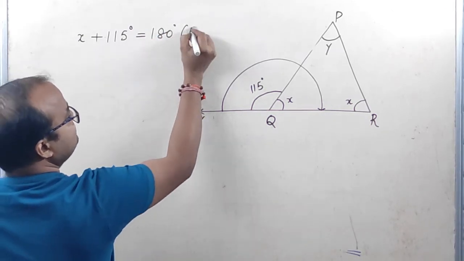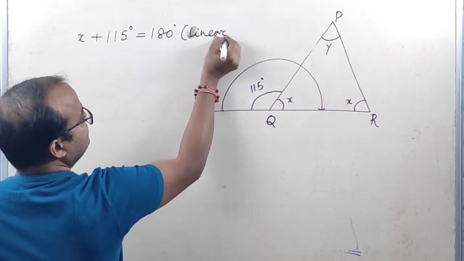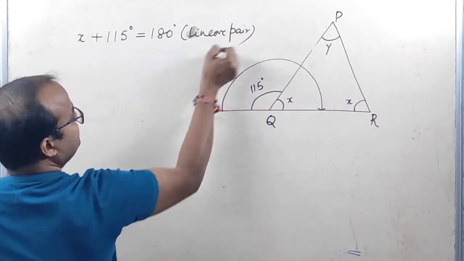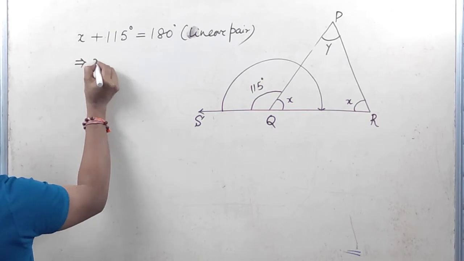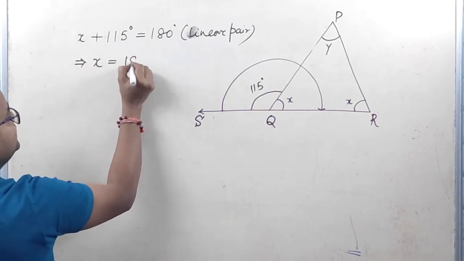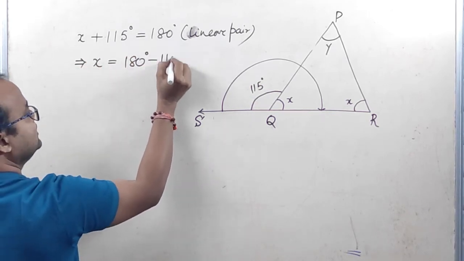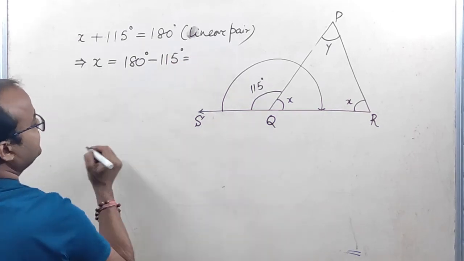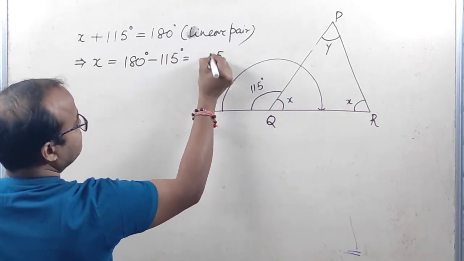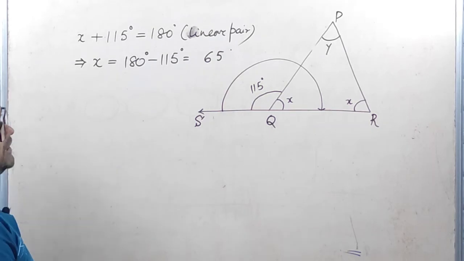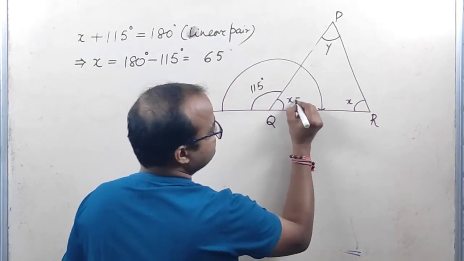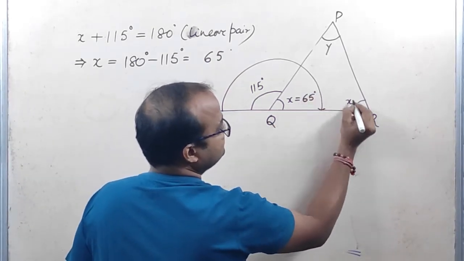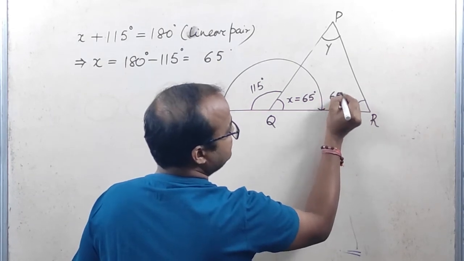The reason is linear pair. So it implies x equals 180 minus 115. So x equals 65 degrees. So this is 65, this is 65.